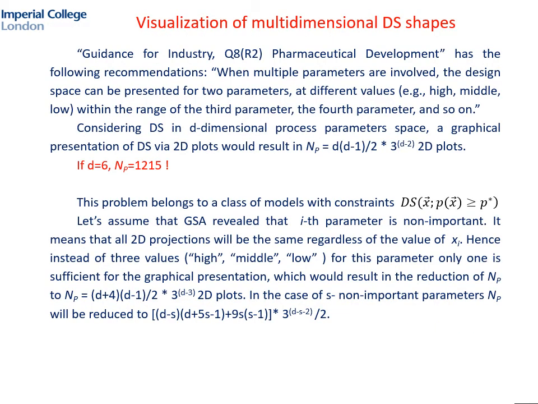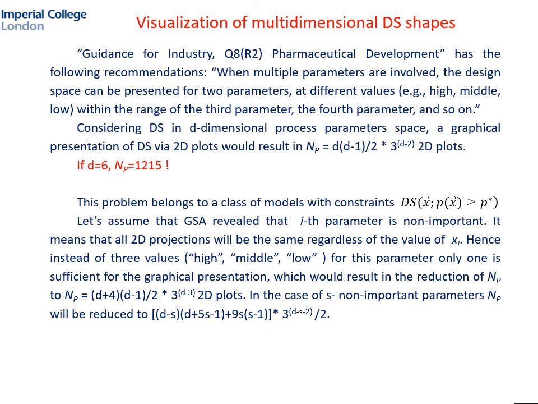Finally, we'll talk about visualization of multidimensional design space shapes. Guidance for industry has the following recommendations. When multiple parameters are involved, the design space can be presented for two parameters at different values, that is high, middle, and low, within the range of the third parameter, the fourth parameter, and so on.